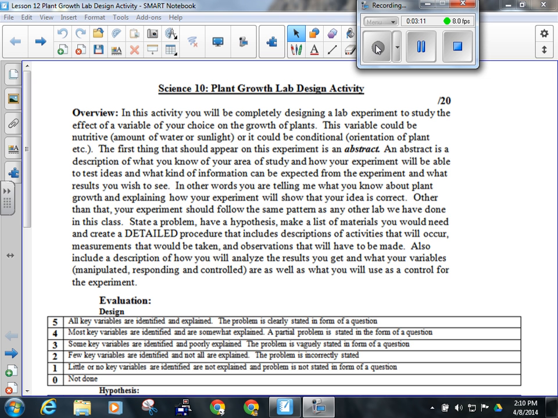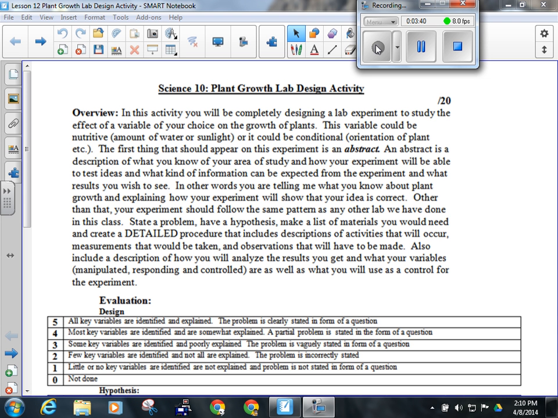You have to design this lab in order to test the effect of some factor we talked about yesterday on the growth of a plant. Let me give you an example. This one's really simplistic, and you're not going to do it because it is too simplistic. What's the effect of water on plant growth? I think we know. You could say I'm going to give this plant water and this one none.